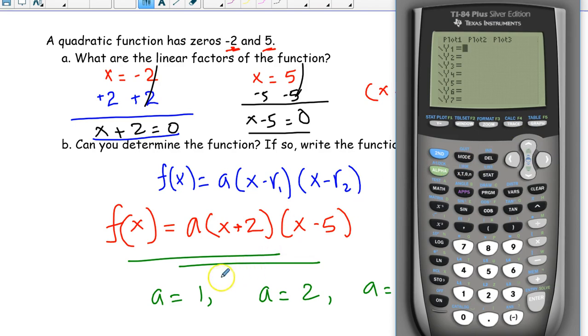Okay, the first I'll write a, when I take a is equal to 1, it will be x plus 2, close, open parenthesis again, x minus 5. Hit the graph.